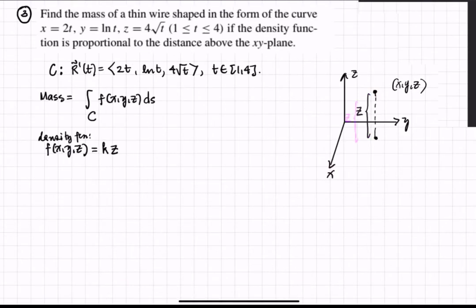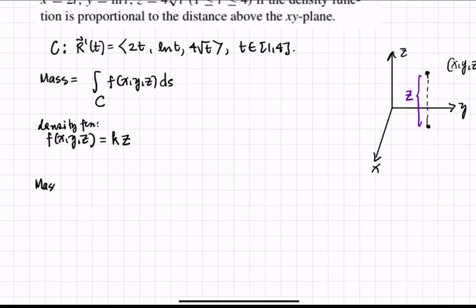So, the mass is equal to the line integral of a constant times z along C. Okay, so plug in na natin yung values. K times z. Z is 4 square root of t. ds is magnitude ng r prime of t dt.